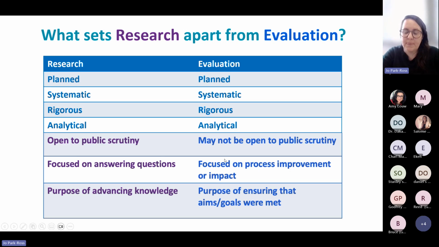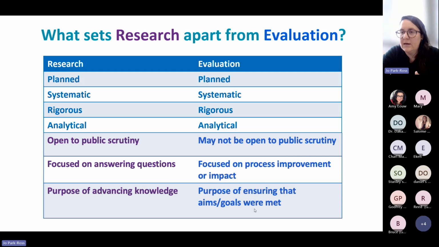I think this is a decision that we make at the beginning, when we undertake planning of a program: a decision early on about whether it's research or just plain evaluation. And if it is research, then obviously there's a process to get that ethically approved so that we can use that data. But evaluation may not always be public or visible, and we may just be focusing on our process improvement or impact.